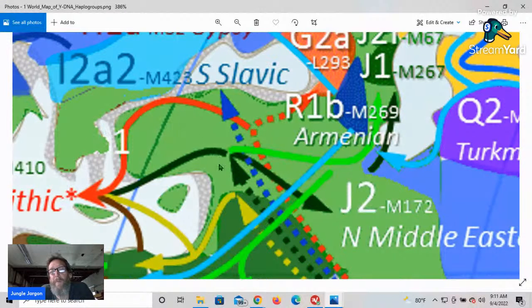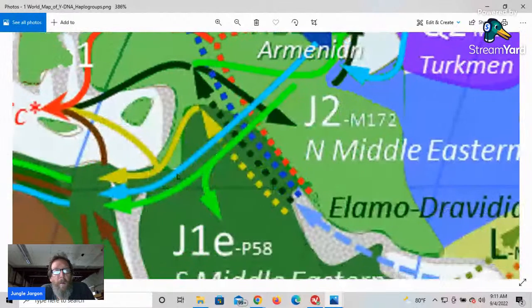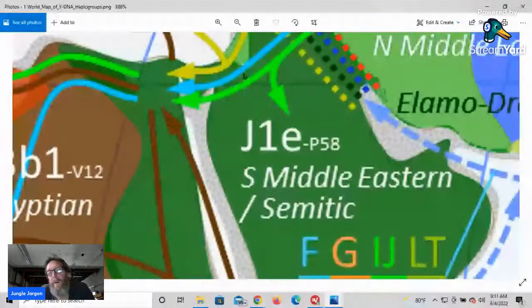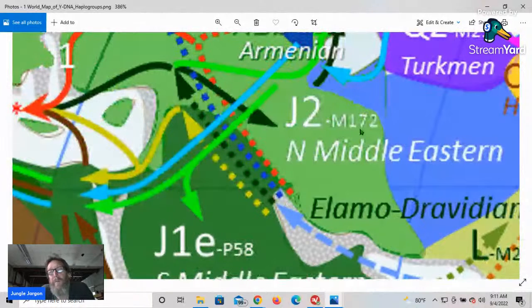It's a real slap in the face. And of course, Cohen modal haplogroup is J1. So tribe of Levi is J1. Tribe of Judah, M172, is J2.